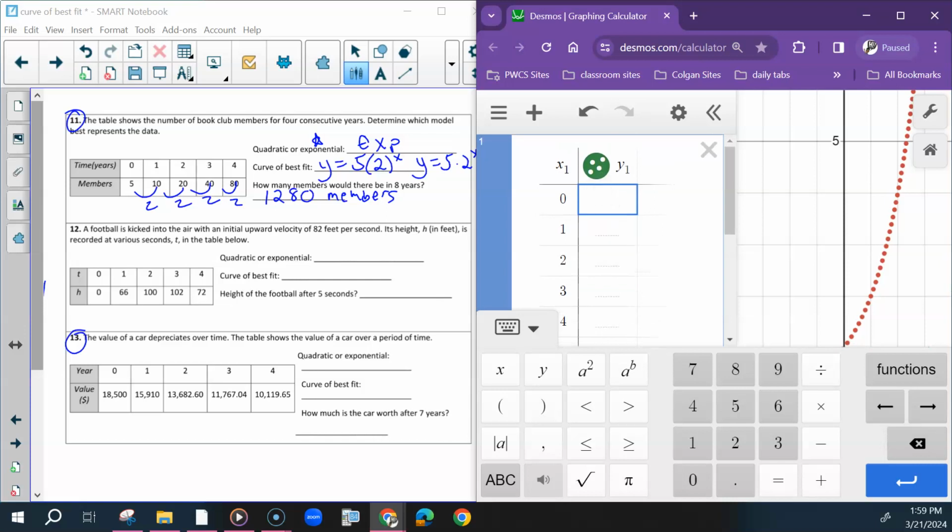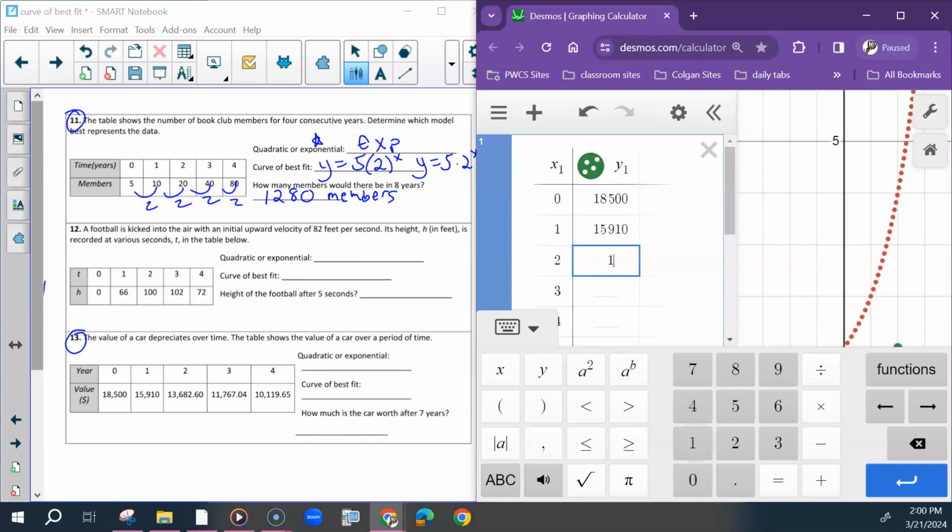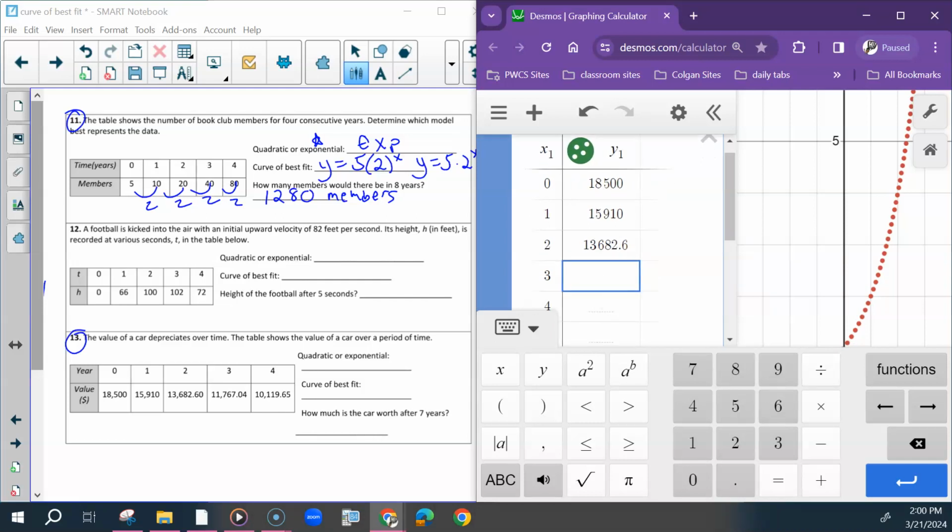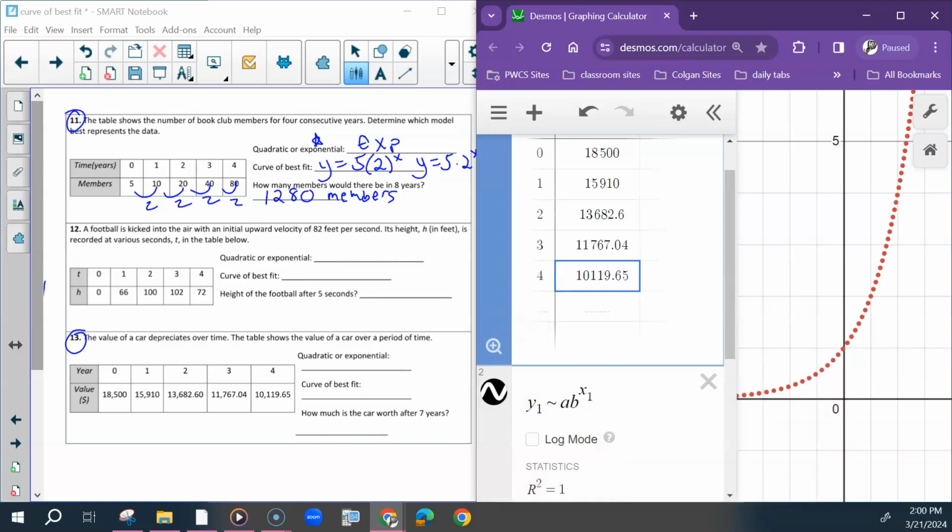And then the initial value was 18,500. Then we have 15,910, and then we have 13,682.6, and then we have 11,767.04, and then 10,119.65.